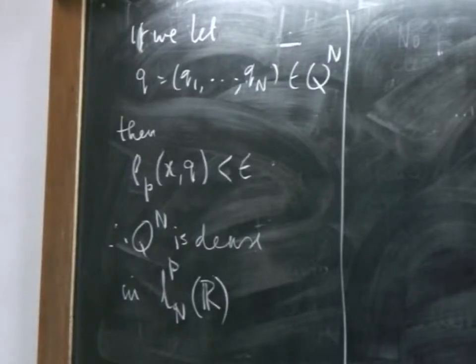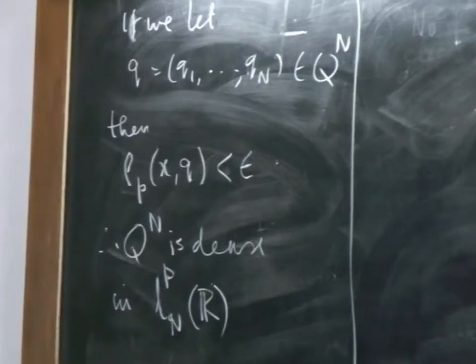Okay, so we move on now one step further. From the real line, we put 2 copies of the real, then we put n copies of the real. You take any one of those standard metrics, p can be 1 to infinity, or even infinity as in the previous example. Always Q to the power of n is a dense set.